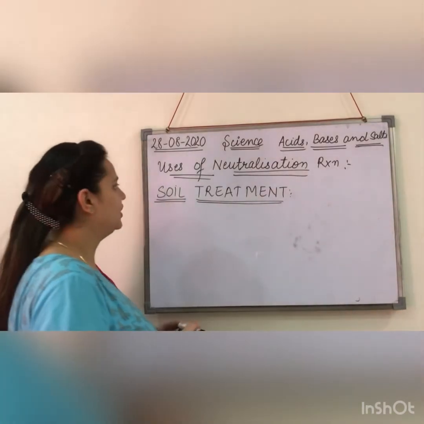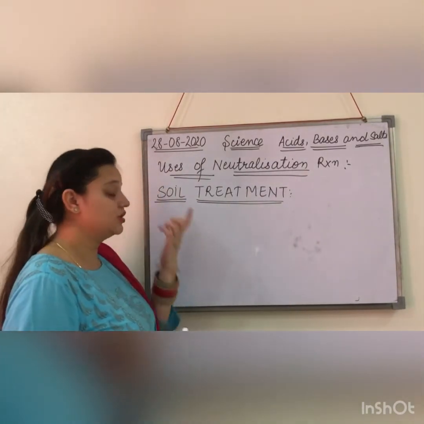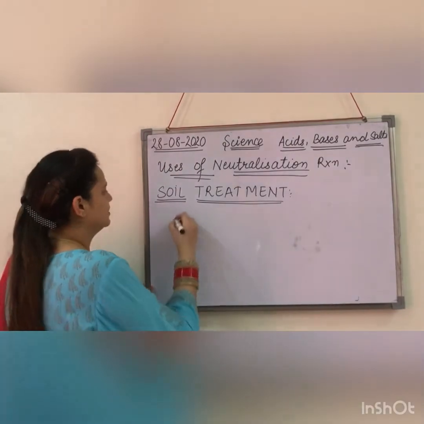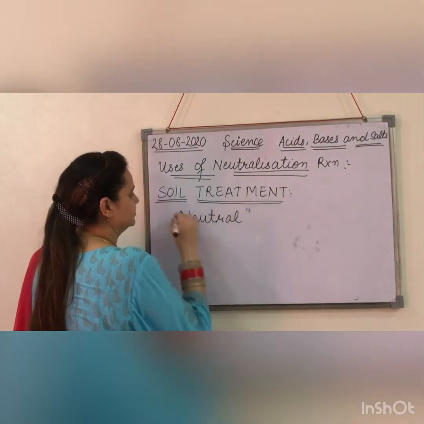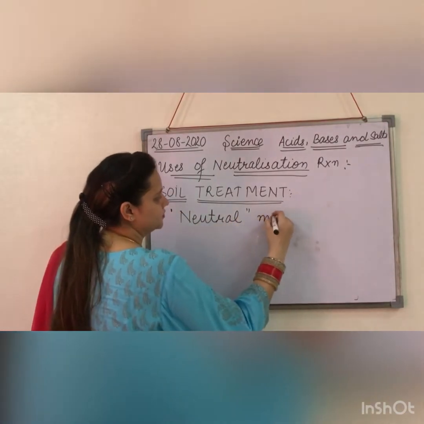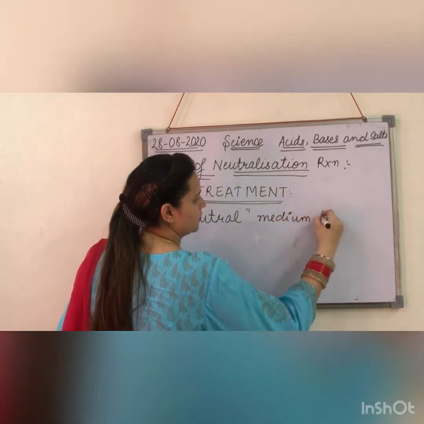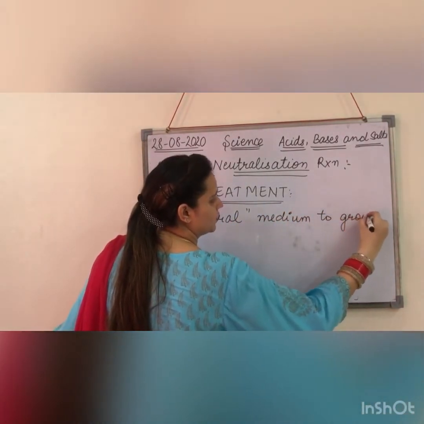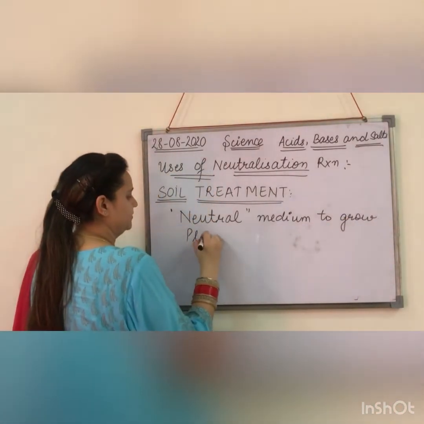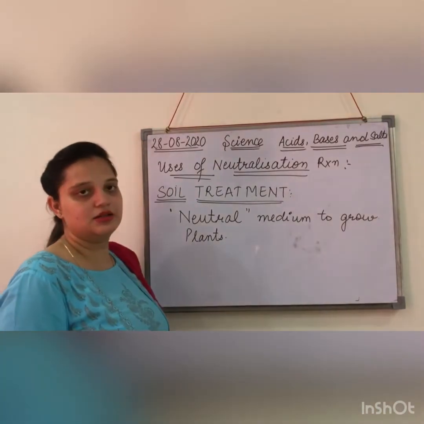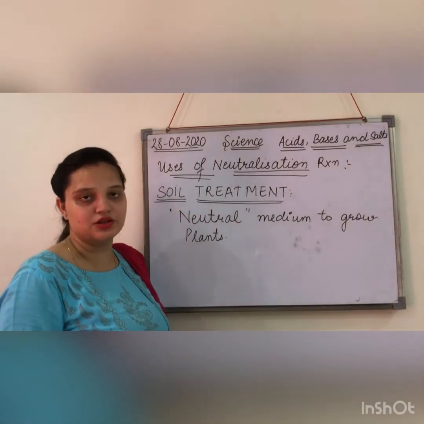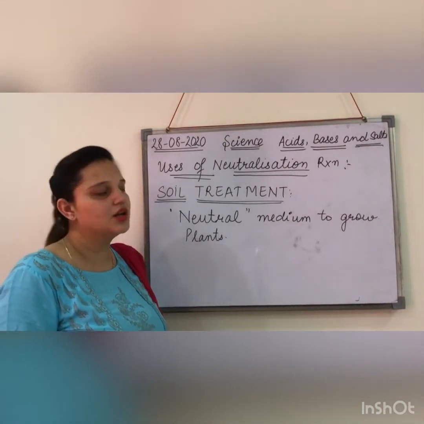So what happens in the case of soil treatment? Soil needs a neutral medium to grow plants. Whenever we are going to grow plants, the soil must be neutral in nature, that means neither too acidic nor too basic.